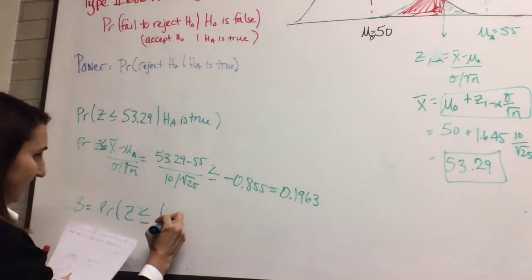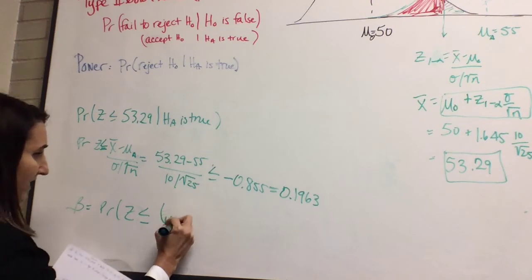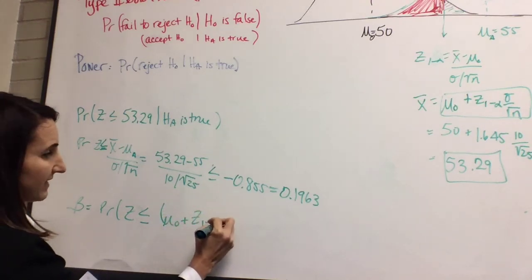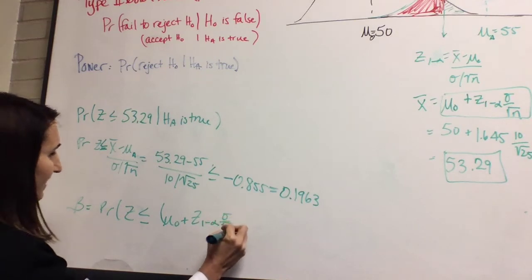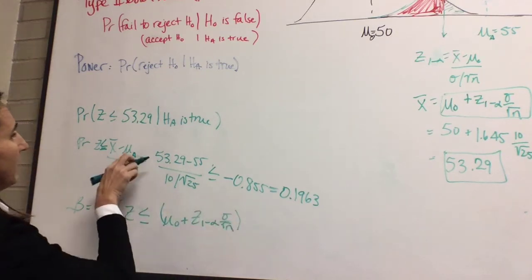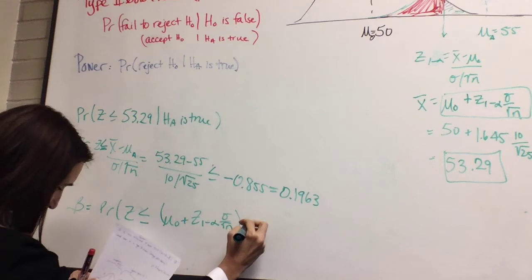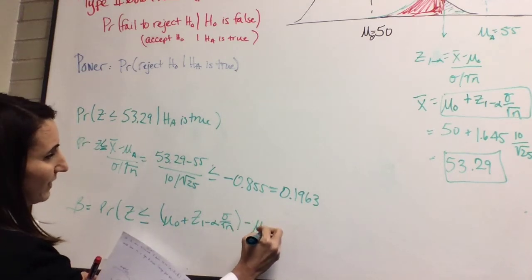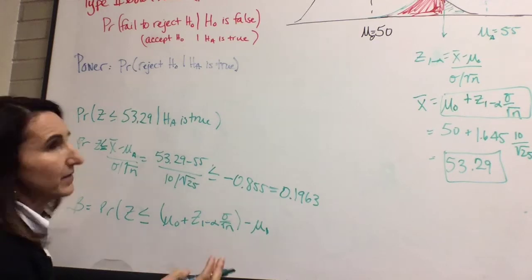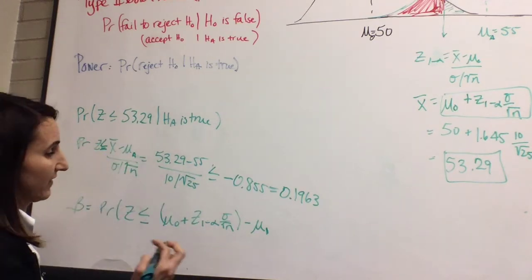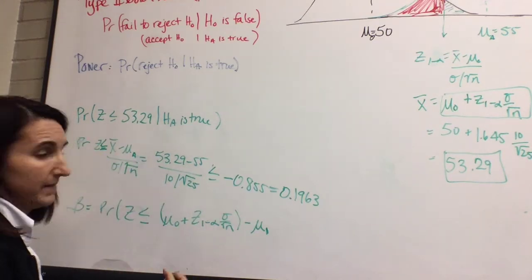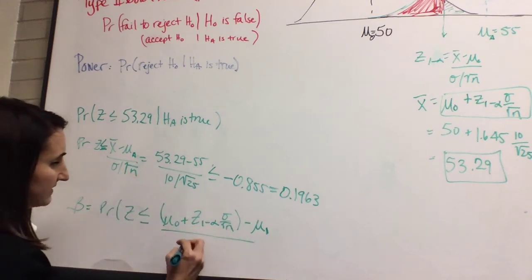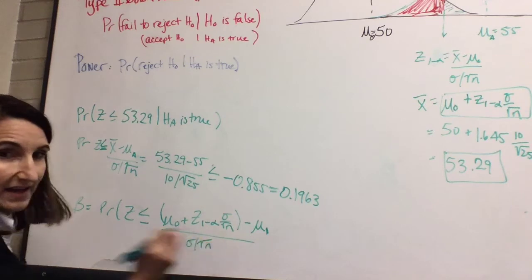Instead of putting in 53.29, I'm going to put in mu naught plus Z 1 minus alpha sigma radical n, and then minus mu A here. Actually, I think I've called it mu1 in some notes going forward, so please note that mu A we're going to call mu1 for that alternate hypothesis. And then we're going to divide that by sigma over radical n.